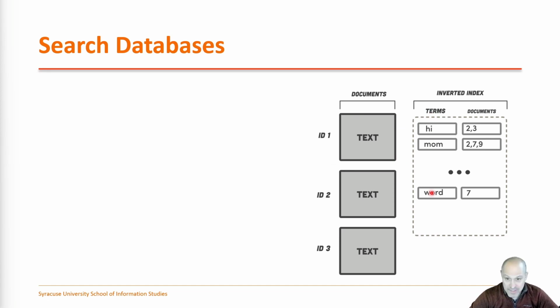This could be as simple as the words that appear in the text of a description of the blog, or it could be as general as looking for the field author and then indexing on the author's name. So the inverted index really will take all of the text and make it searchable.